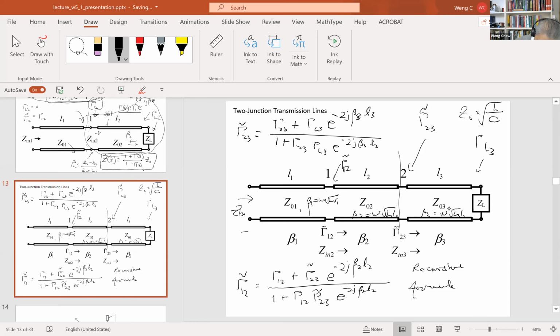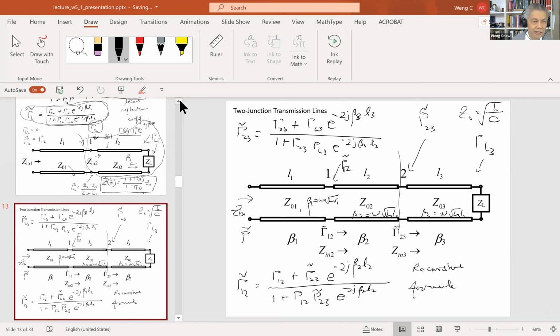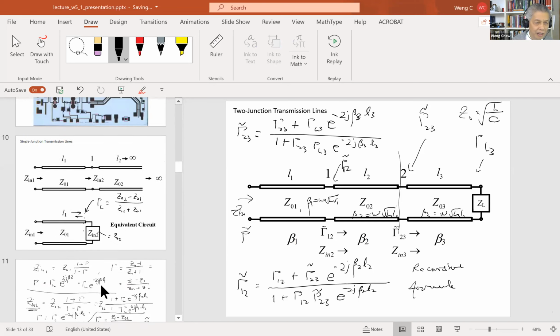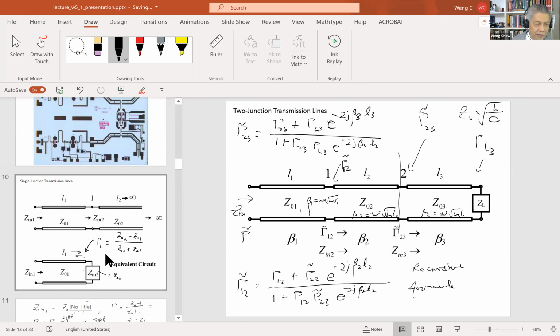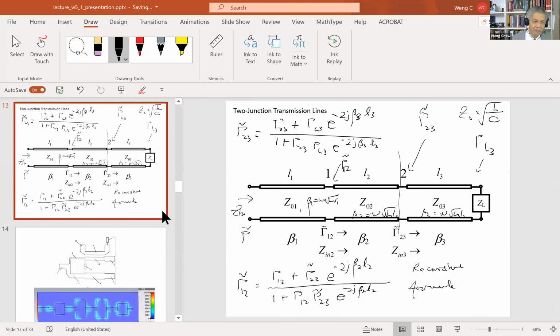Once you know the generalized reflection coefficient, you can find the input impedance. We have learned that once the reflection coefficient is known, there is an associated input impedance, a load, because on a transmission line, for every load there is a reflection coefficient.